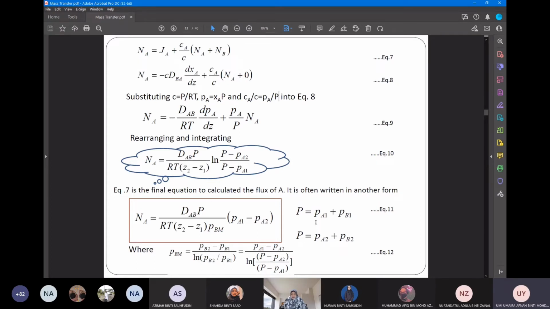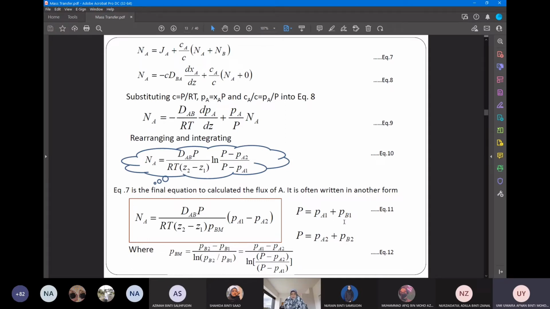You need to know what P is. P is the total pressure, which involves the A and B components. If you want to calculate the total pressure at location 1, you talk about the partial pressure of A at location 1 and the partial pressure of B at location 1 also.